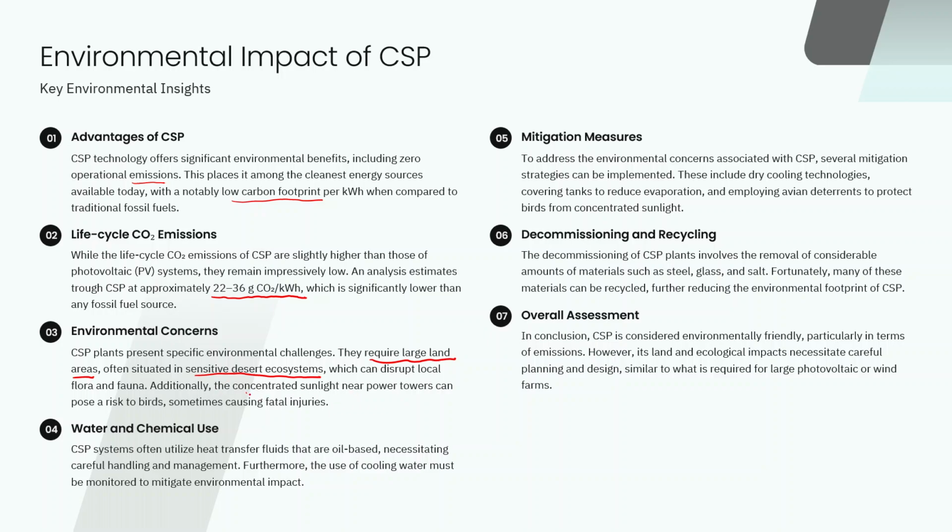And also the concentrated sunlight near the power tower can pose a risk to birds, sometimes causing fatal injuries. This system also needs heat transfer fluid, which is basically oil based, so you need to carefully handle and manage them, and you have to handle the waste as well.